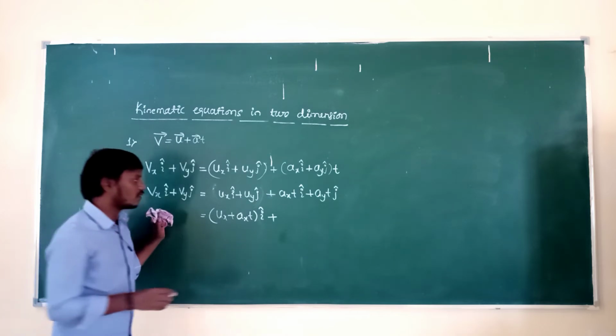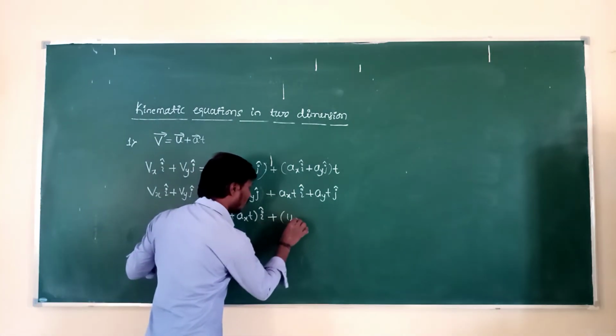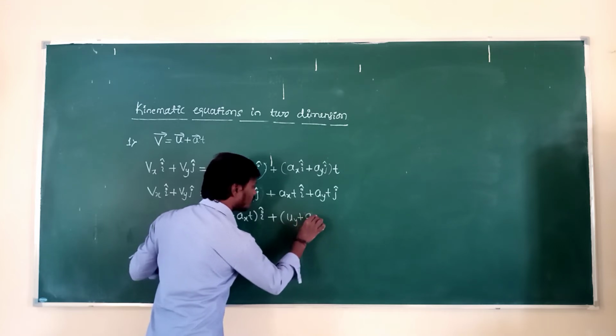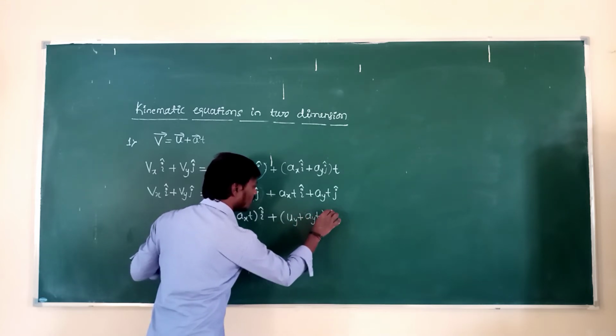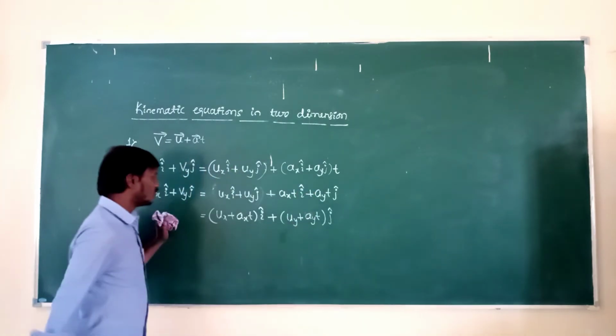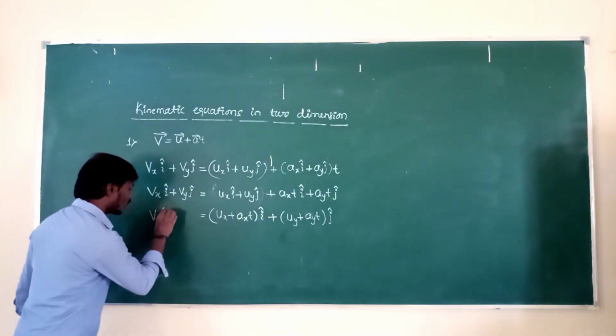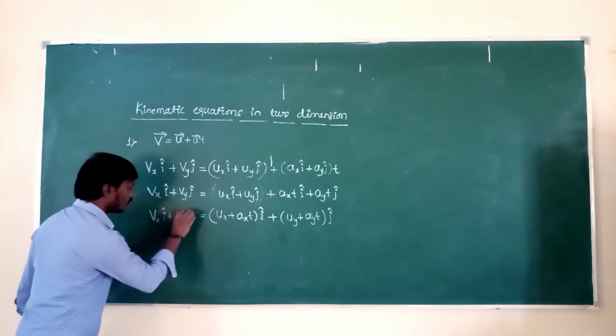J is common. Then I will write Uy plus Ay into t, unit vector J. Then it is Vx i plus Vy j.